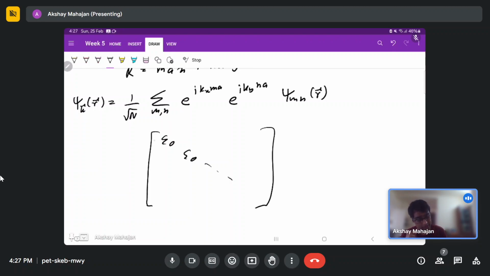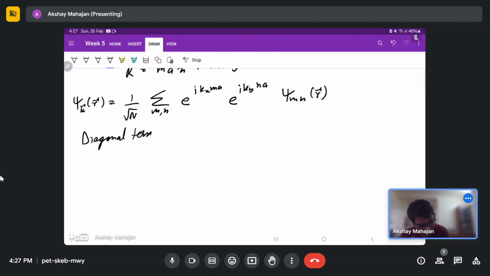Then we will have the off-diagonal terms, which will be the hopping terms. If you remember the matrix formalism that you have seen in class, I can write the diagonal terms, where m prime and n prime equal m n.